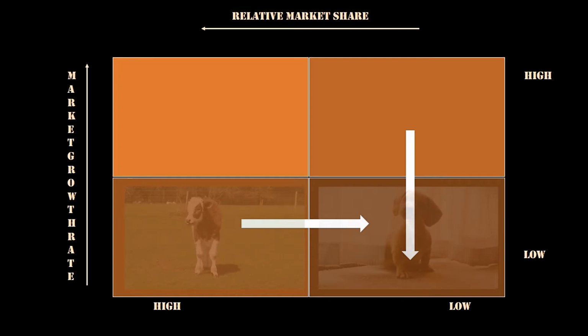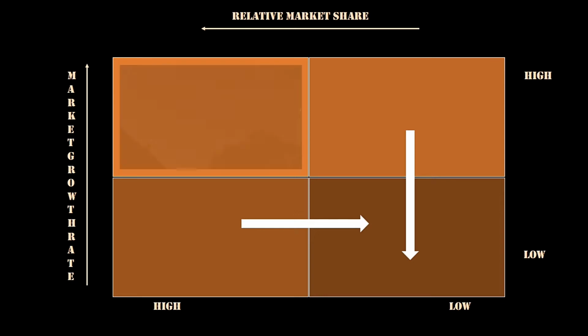But that will fail. Now you don't have the extra money from your cash cow. The cash cow also becomes a dog in a while. Now you are almost going bankrupt. You are trying to get more money from the star you have to invest in a question mark you currently have. But that might also fail.